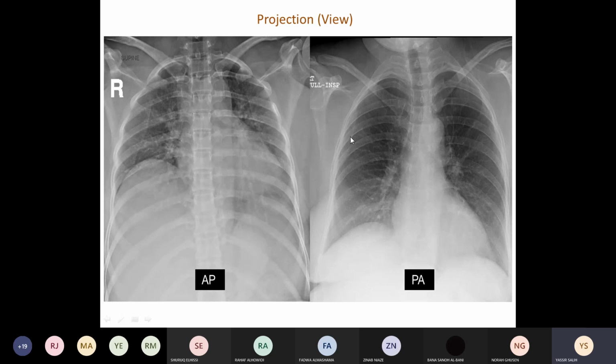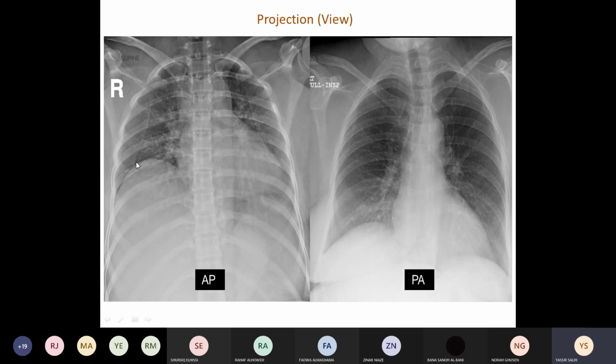But in PA, the medial edge of the scapula is seen in the periphery, outside the lung field. So PA is easier to report and easier for interpretation compared to the AB.